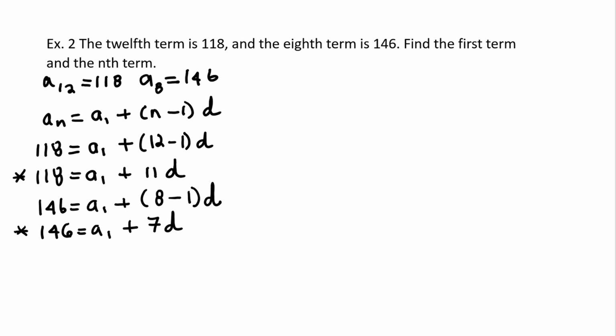Let's put this in a way that we can easily solve it. So I will write a sub 1 plus 11d equals 118. And let's just subtract the other equation. So we will have minus a sub 1 minus 7d equals minus 146.